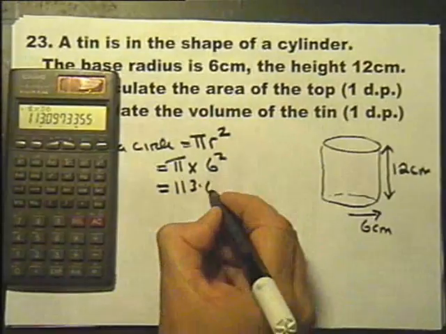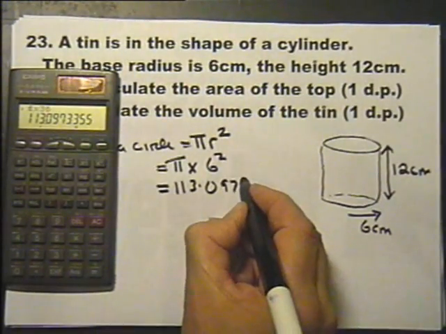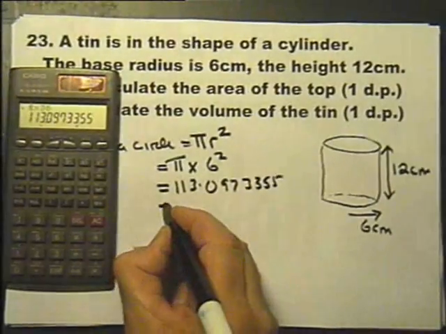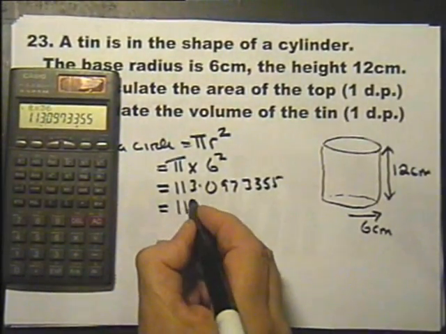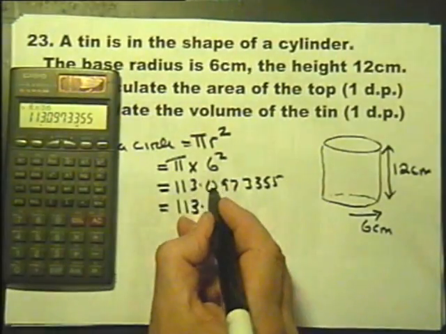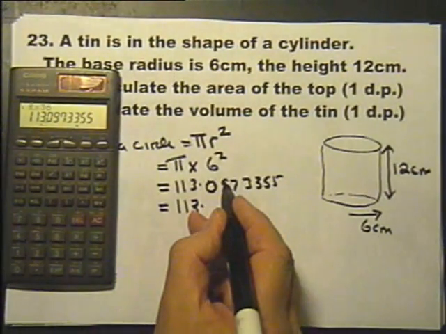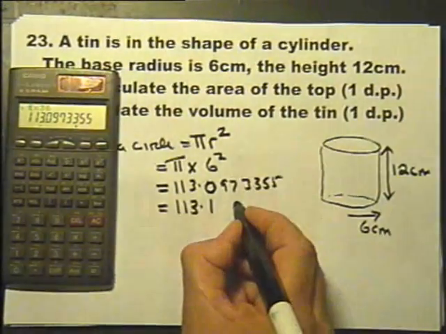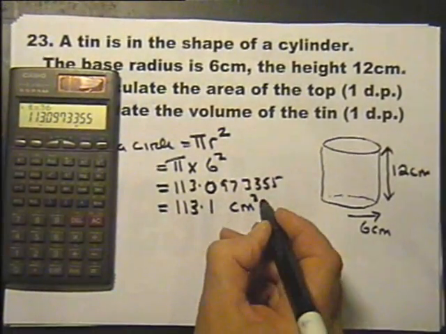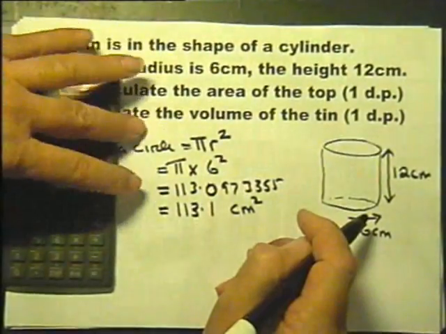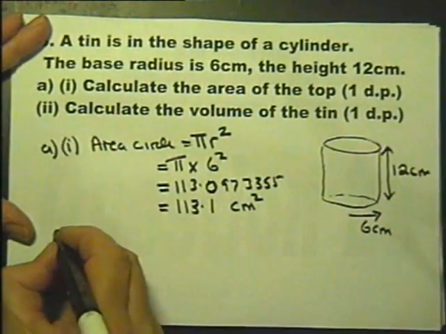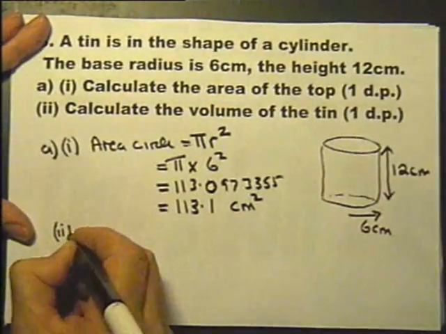I type it in again using 6 squared. That's my second way of doing it, and we're told to do that to 1 decimal place. So there's my 1 decimal place, but because that's 5 or over, it's a 9. There you go. This is area, so let's not forget our units. So lots of bits and pieces to remember there, but if you remember them all, not a bad question.